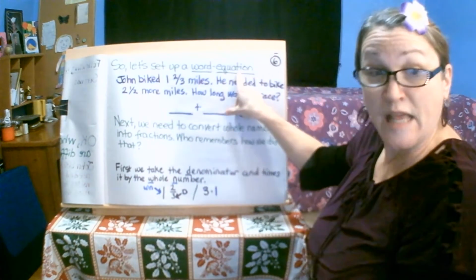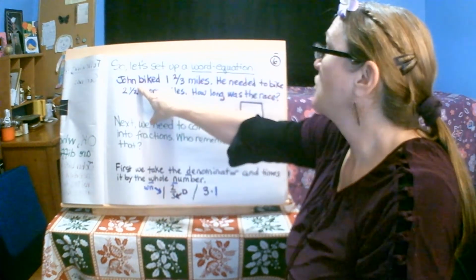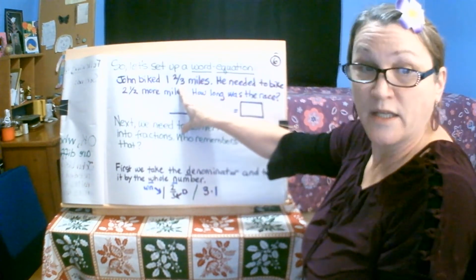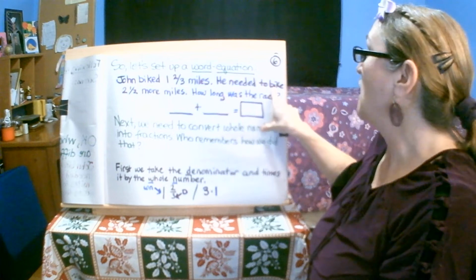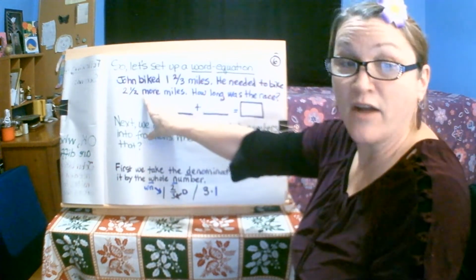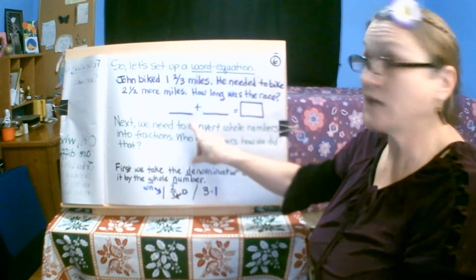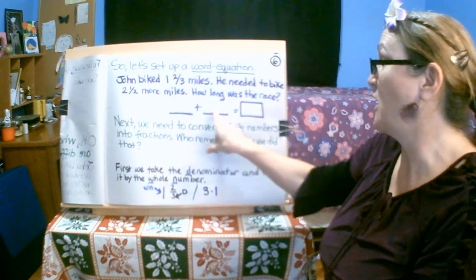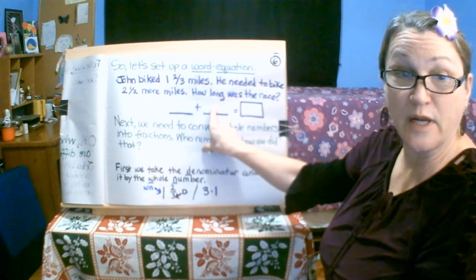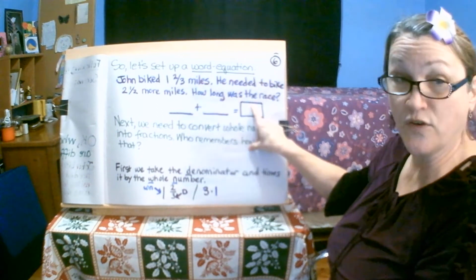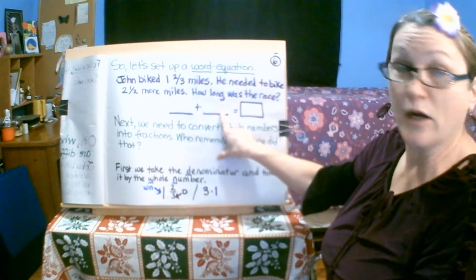So let's set up a word equation. John biked 1 2/3 miles. He needed to bike 2.5 more miles. How long was the race? Okay, so what do we put in here? What do we put in these lines right here? Obviously, we don't know the answer yet, but what do we put right here?